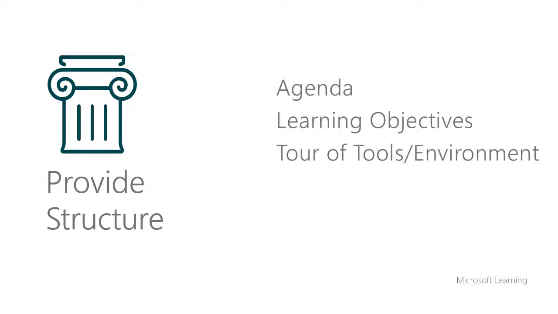You might also consider briefly giving your audience a quick tour of any tools or the environment to make them feel more comfortable if they are using new software or are in a new environment that they are not familiar with. Having to interrupt a meeting to ask where the bathroom is, that can be a bit embarrassing for anyone after all.